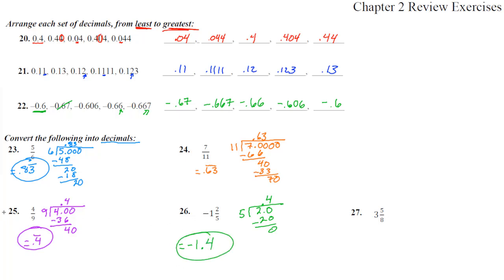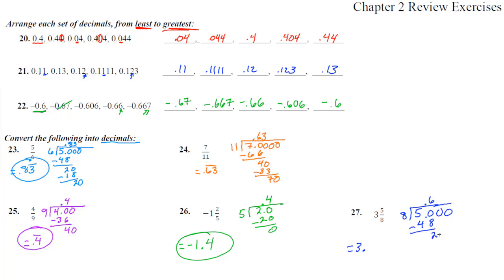All right. And number 27. 3 and 5/8. So it's going to equal 3 and, so let's do it, 5/8. 8 goes into 5. It doesn't. 8 goes into 50 6 times. That's 48.